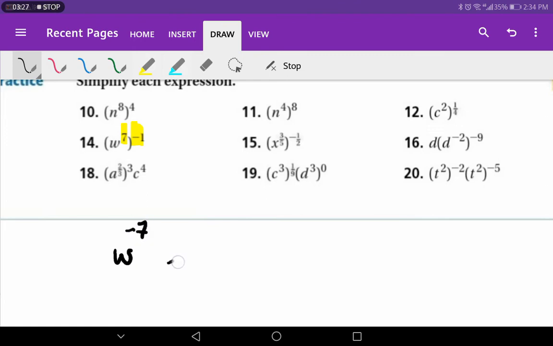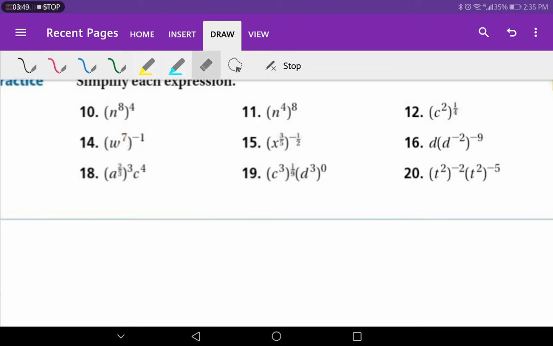And you learned from before that if you have a negative power, you have to change its position. It was up, you have to put it down to make it positive. And what about up? It is 1. So this is question 14.